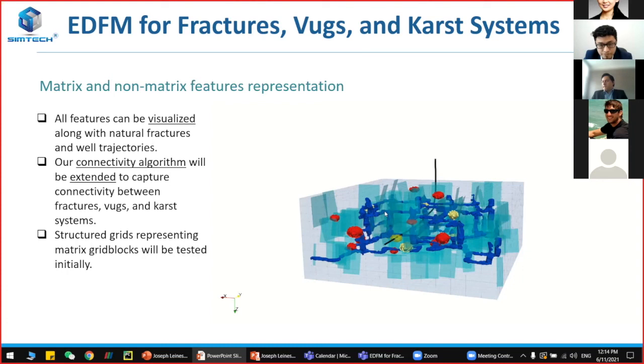So maybe they wouldn't be represented as an EDFM block, but they would still be a matrix block where non-Darcy flow takes place using these Stokes-Darcy models, which are basically equations that are averaged on the REV, the representative element of volume, right? So you could still use it to describe the non-Darcy flow on the block. Okay.